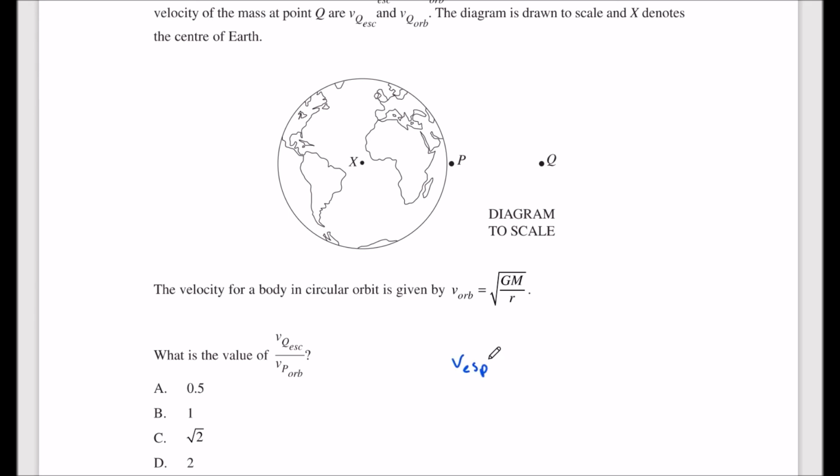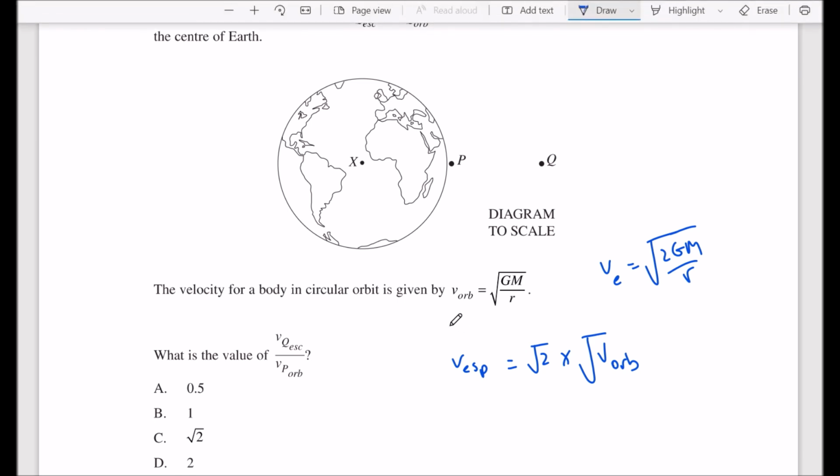Escape velocity is square root of 2 times orbital velocity. If you don't know how to derive the value for escape velocity, you'll need to go back to one of the videos we talked about, deriving that using potential energy and kinetic energy.